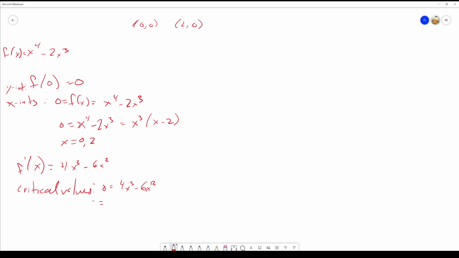And you can factor 2x squared out of that expression, and it leaves you 2x squared times (2x minus 3). So either you get x is 0 if 2x squared is 0, or you get 2x minus 3 is 0, which is the same thing as saying that 2x is 3, which means x is 3 halves.